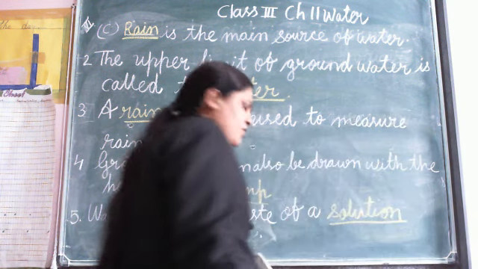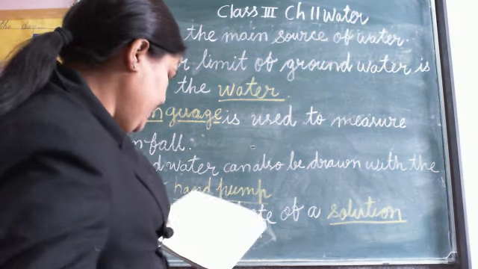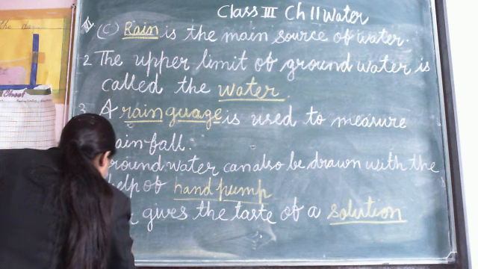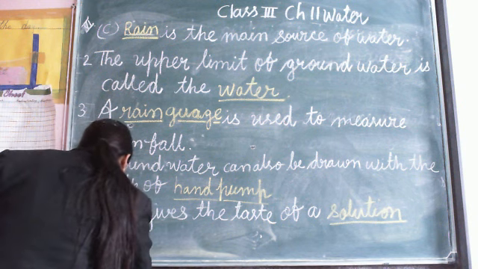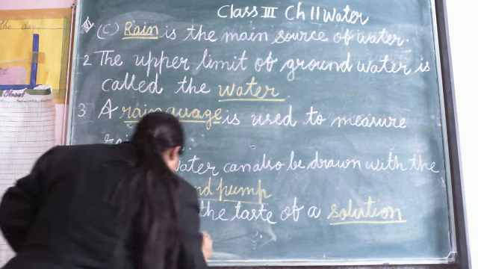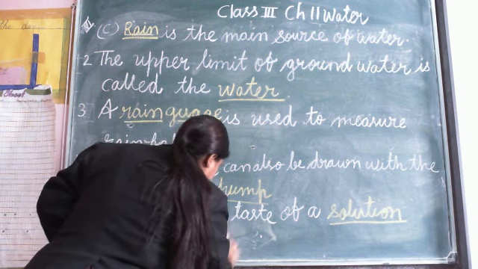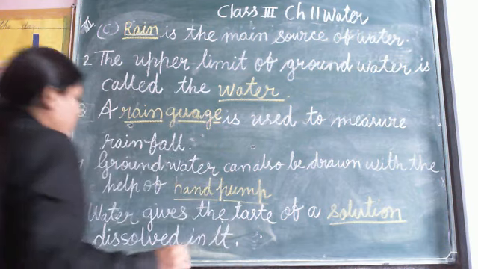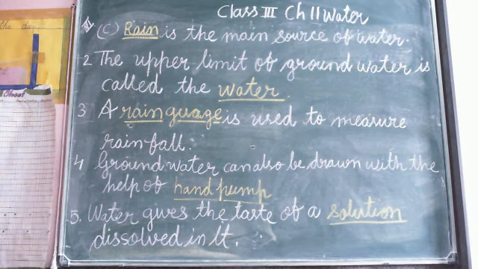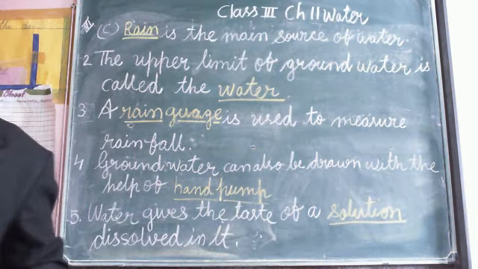So this is the quality of the water. This is the property of a water. It gives the taste of a solution when dissolved in it. जो भी हम उसमें घोलते हैं वो उसी का स्वाद देता है. That is the property of the water.